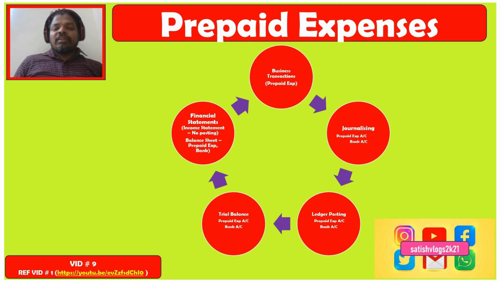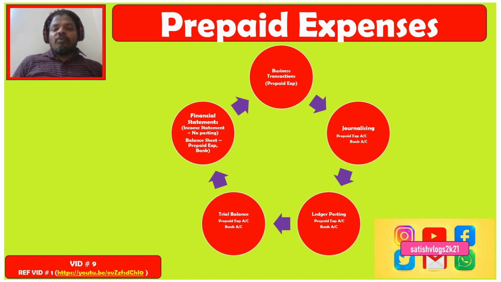However, the business entity would not be receiving this benefit free of cost. The business entity is supposed to pay the consideration in terms of bank or cash. So the bank needs to be credited. So what is the entry? Prepaid expense account debit to bank account, right?